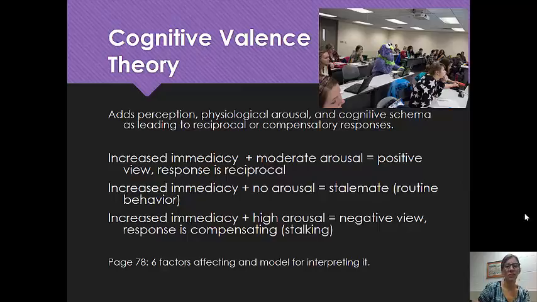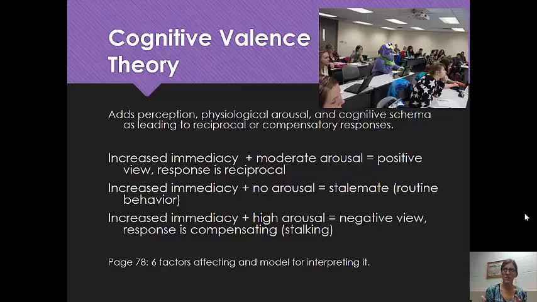Okay, I want to pick up where we left off, talking about expectancy violation theory and adding on some of the layers from cognitive valence theory so that we can see how the two are interrelated. When we're thinking about cognitive valence theory, we're thinking about all of those questions we might have about our frame of reference, our perception, how we're feeling, how the other person is feeling, and some of those cognitive elements that go into thinking about what we expect out of others and their behavior and what they expect out of us and our behavior.